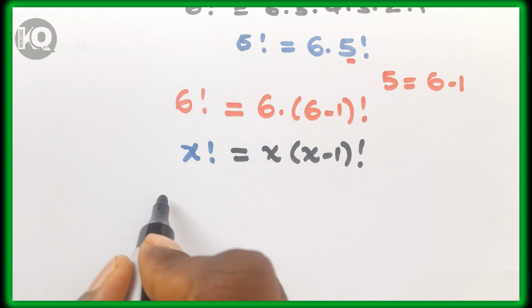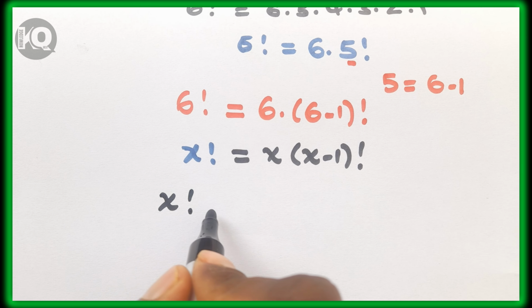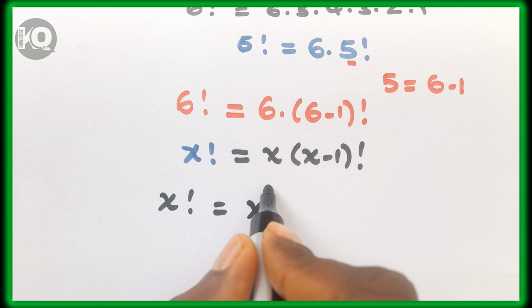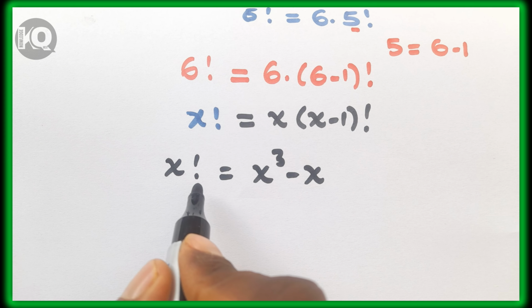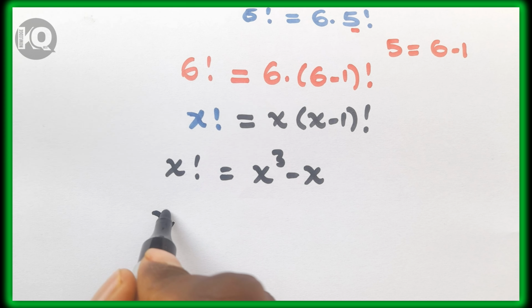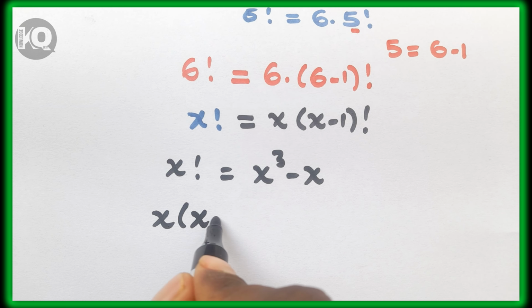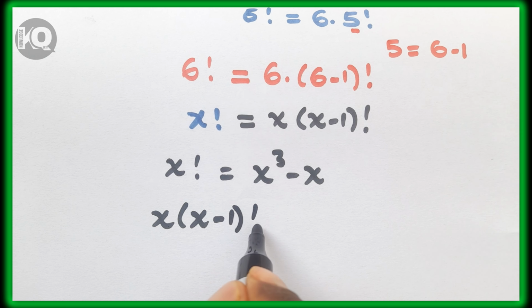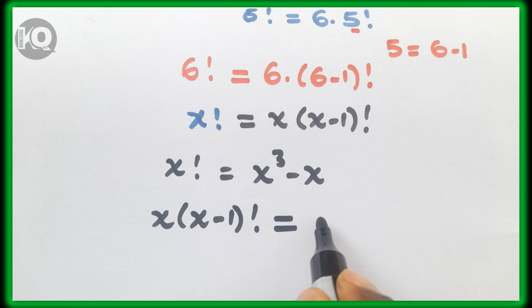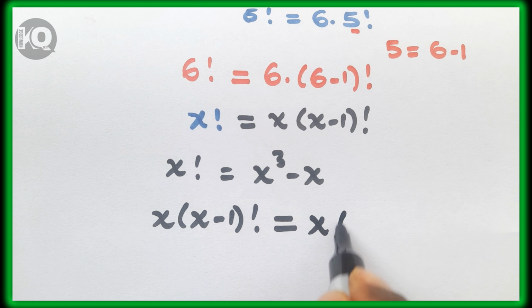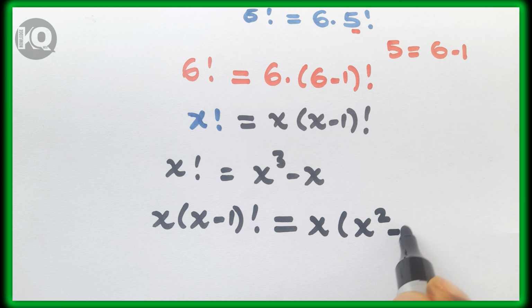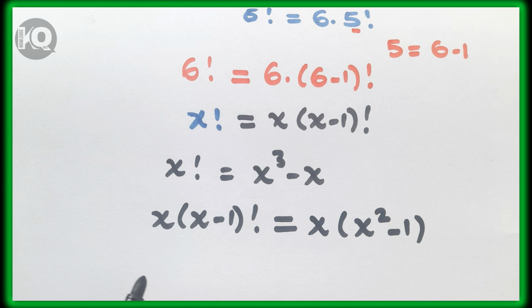So let's equate x factorial to x cubed minus x. This x factorial means x times x minus 1 factorial, which is equal to, let's factor out x from here, x times x squared minus 1.